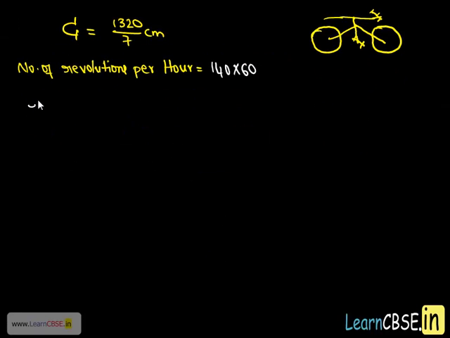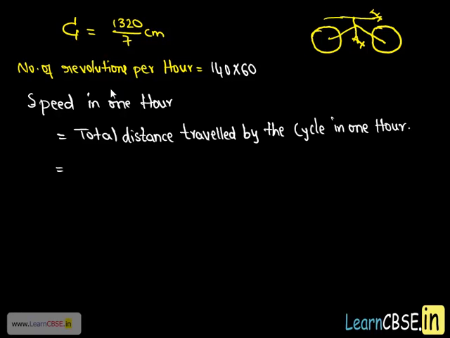Let us find the speed of the cycle in 1 hour. It is equal to the total distance travelled by the cycle in 1 hour. We already found that for one complete revolution, the distance travelled by the wheel is the circumference of the wheel. For 140 revolutions per minute, the total distance travelled by the cycle in 1 hour is 140 times 60 multiplied with its circumference.